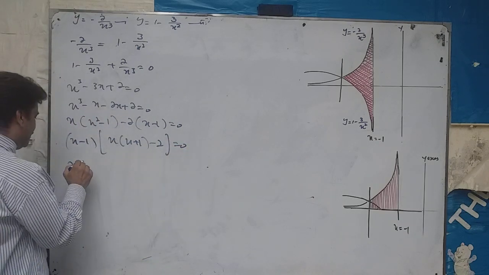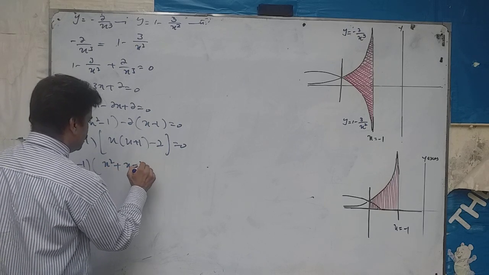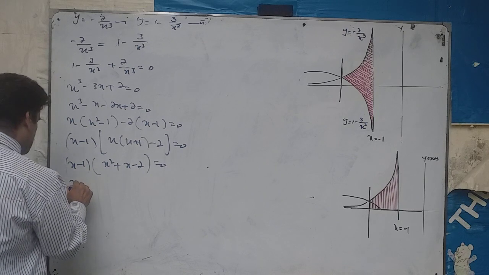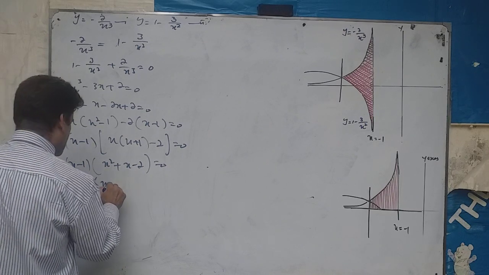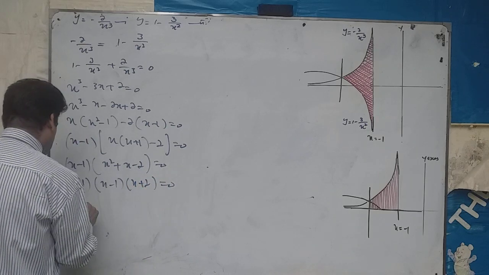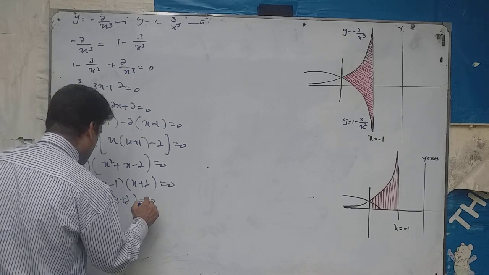We get (x minus 1) times (x squared plus x minus 2). We again factorize x squared plus x minus 2. We get (x minus 1)(x minus 1)(x plus 2). We get (x minus 1) whole squared multiplied by (x plus 2) equals 0.